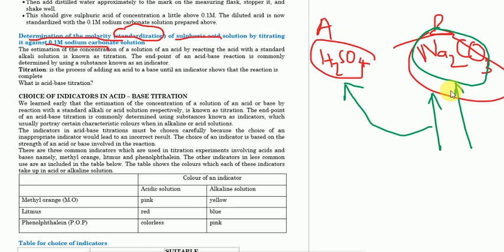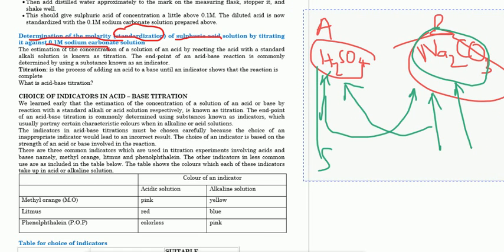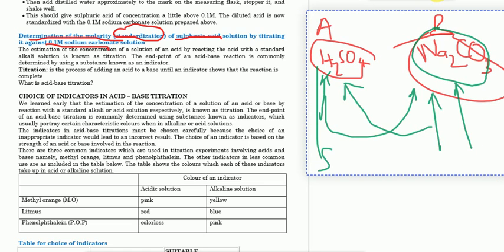Or sometimes in standardization we can use the molarity of a known solution, let's say acid, to calculate the molarity of an unknown solution, let's say base. Now if this is the solution with known molarity, it will be called the standard solution. So a standard solution can either be an acid or base, depending on different conditions. But all in all, a standard solution is the solution whose concentration is exactly known.